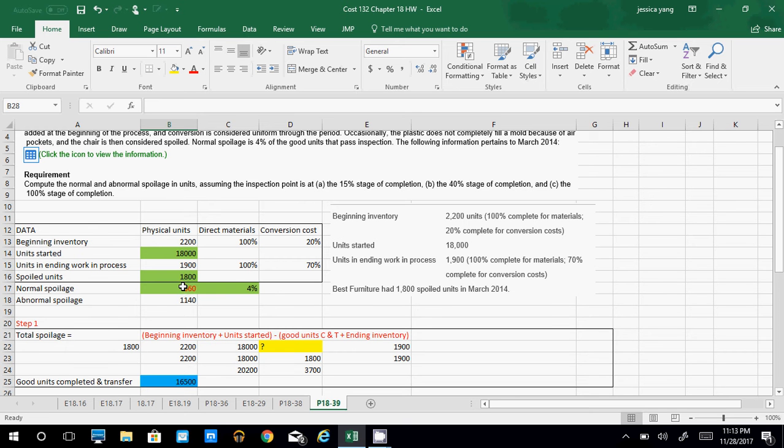When I do that, I get a total of 660 units for normal spoilage. To find my abnormal spoilage, I took my spoiled units of 1,800 and subtracted my normal spoilage of 660 units, which gave me a total of 1,140 units for abnormal spoilage.